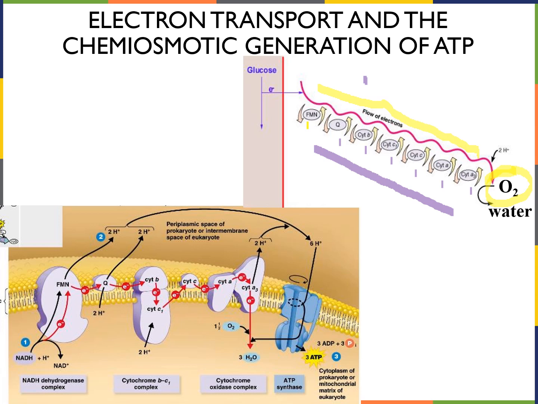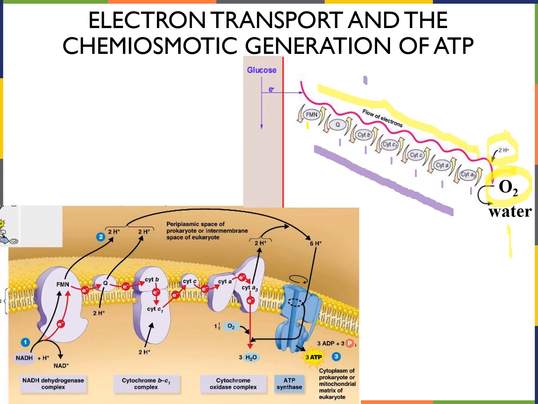So I will repeat myself one last time before I move on. Oxygen is the terminal electron acceptor for aerobic respiration. At the very end, you see there are hydrogens being put into the electron transport chain. Well, those oxygens are going to bind to the incoming hydrogen and form water. So water is always considered to be a waste product of the electron transport chain.